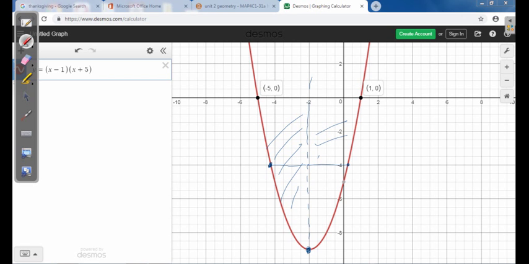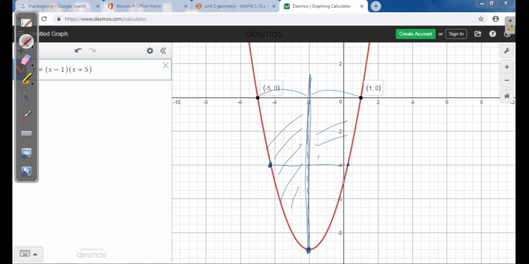So the axis of symmetry is in the middle of the two zeros, because the two zeros have the same y value.